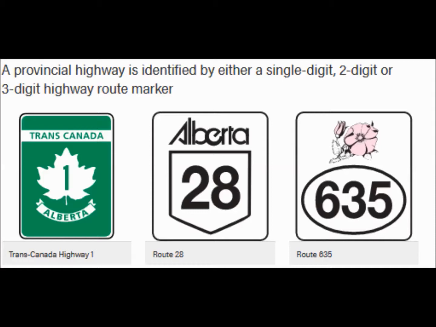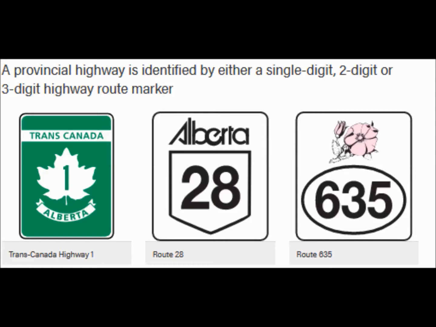A white rectangle with the black lettering Alberta and a black outlined box with the numbers 28. A white rectangle with a pink Alberta rose and a black outlined circle with the numerals 635. A provincial highway is identified by either a single-digit, two-digit, or three-digit highway route marker.